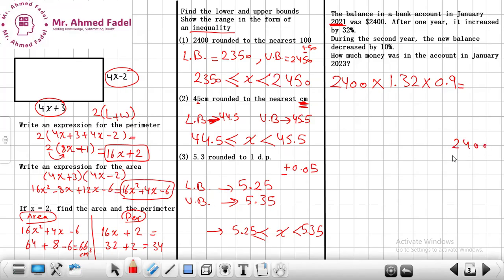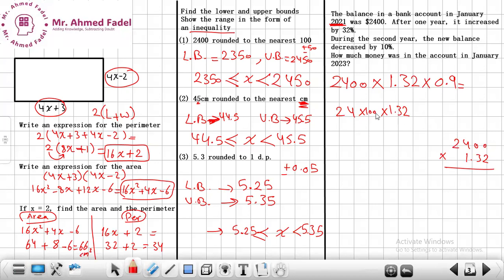2,400, you multiply it by 1.32. Mister, can I multiply the 100 first? Can I say, as if I'm multiplying 24 times 100 times 1.32? Yes, you can.